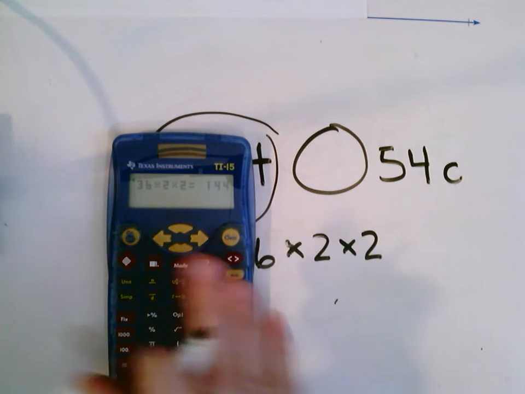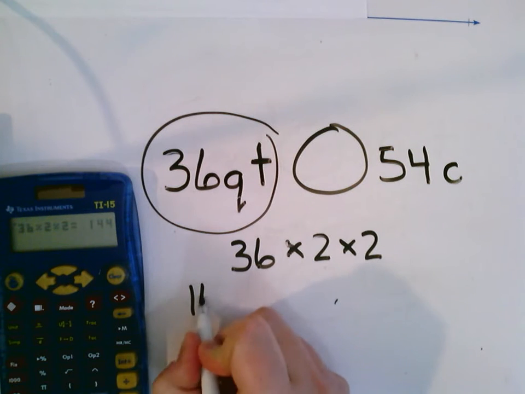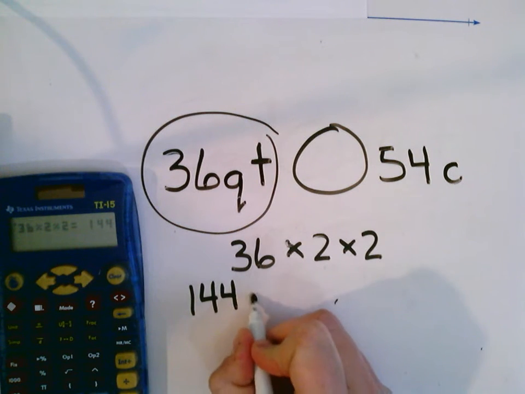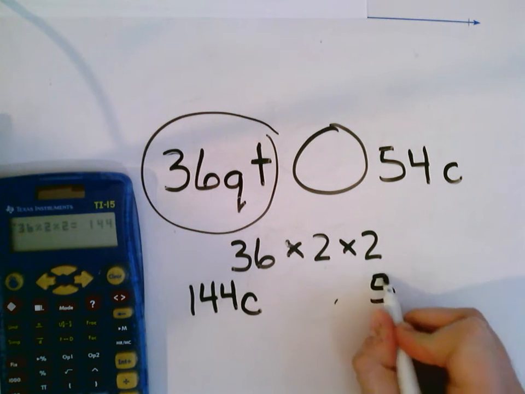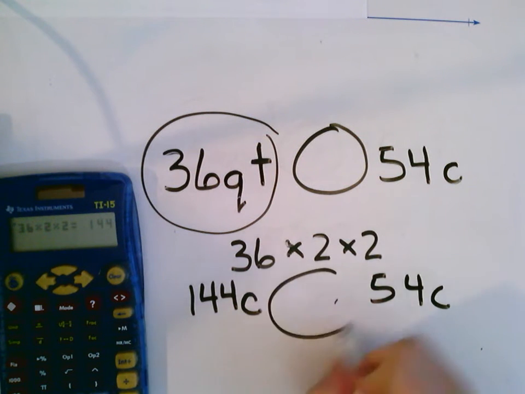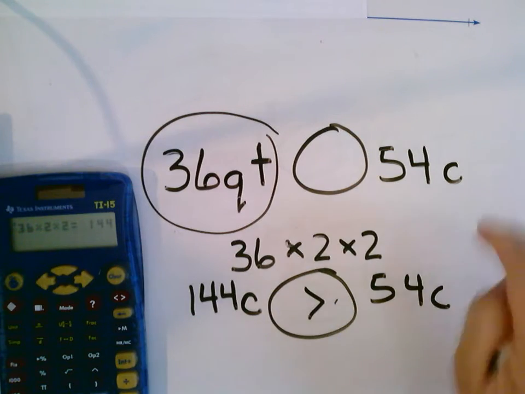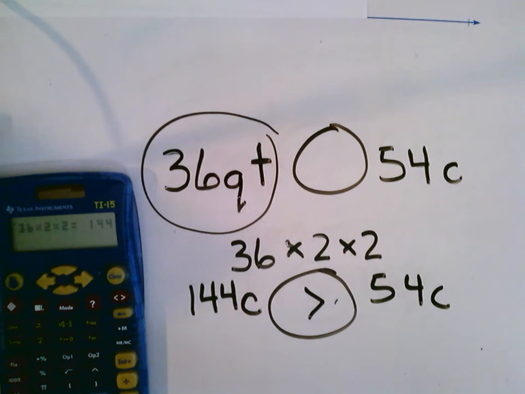I get 144 cups. And I'm going to compare that to 54 cups. Well, that's an easy one, right? 144 cups is way bigger than 54 cups, so I'm going to put my greater than sign in my box.